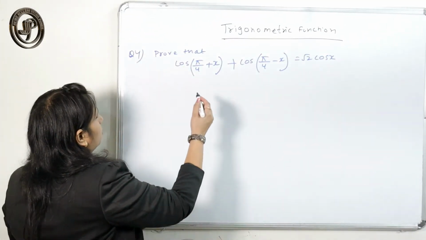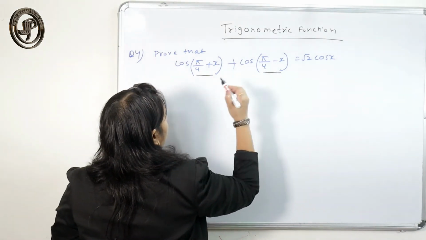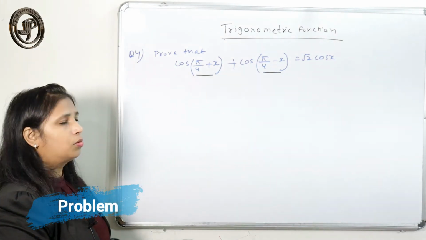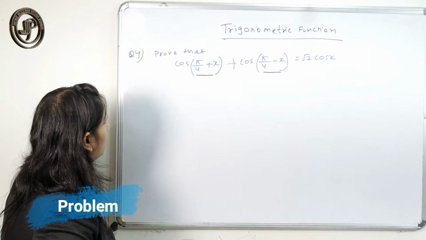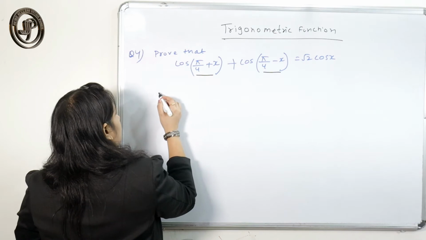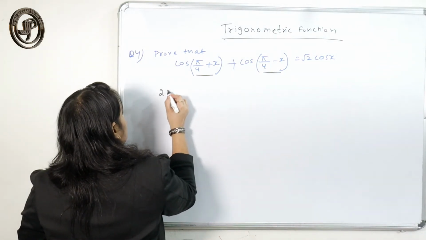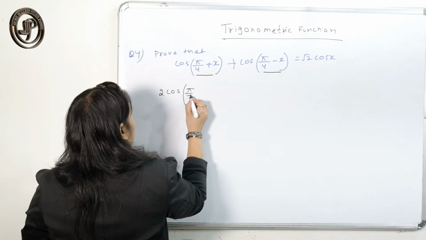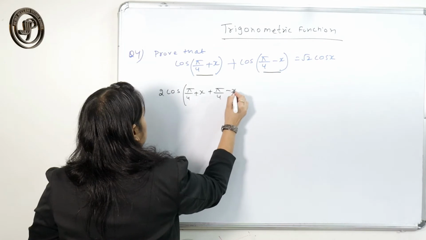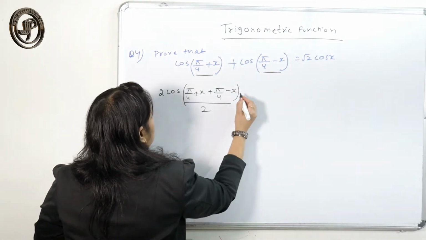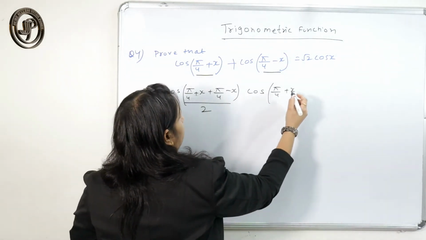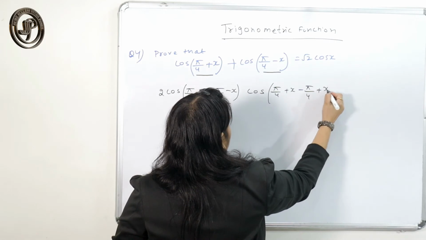So now there is a question. Here I can consider this as A and this as B. Now I am going to apply the cos A + cos B formula. If I consider this whole as A and this whole as B, then how can I write this? 2 cos((A + B)/2) and cos((A − B)/2), and if I do minus, the sign will change.